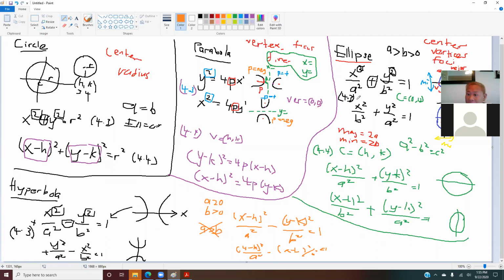But for ellipses, you have to figure out a has to be bigger than b. But this one only says your a has to be positive, your b has to be positive. That means a can be small, b can be big. The only determination for hyperbola is which term is positive. If your x term is a positive term, you go sideways. If your y term is a positive term, you go up and down.